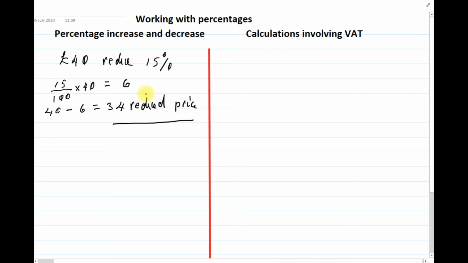Now, if we wanted to increase the price for whatever reason, we would add instead of subtract.